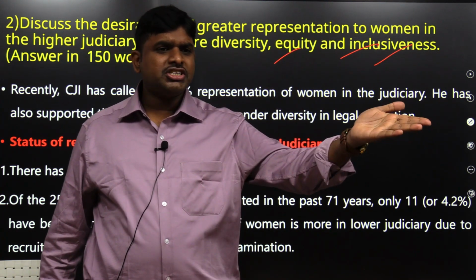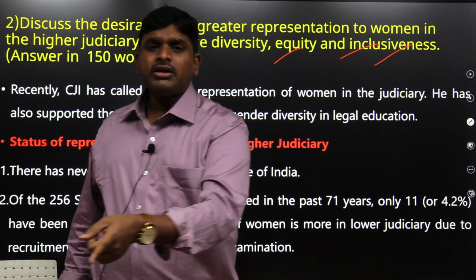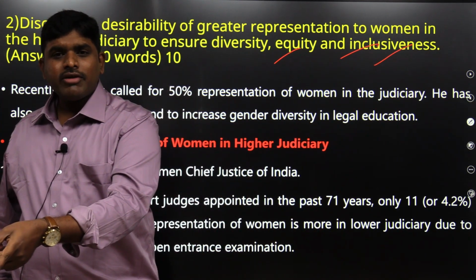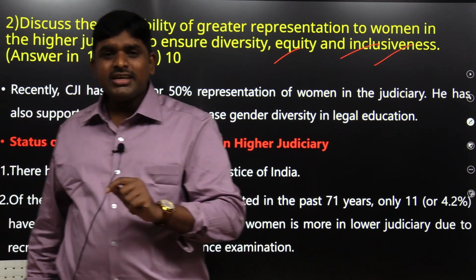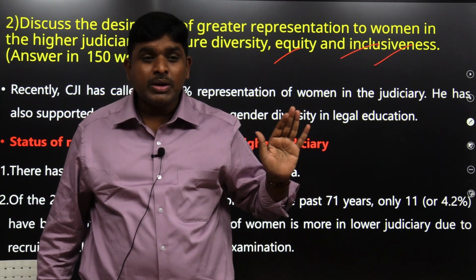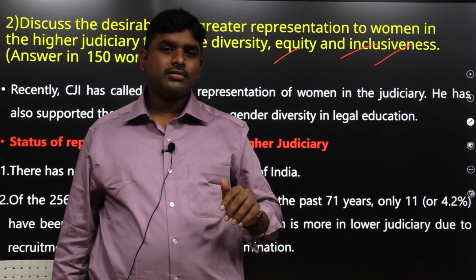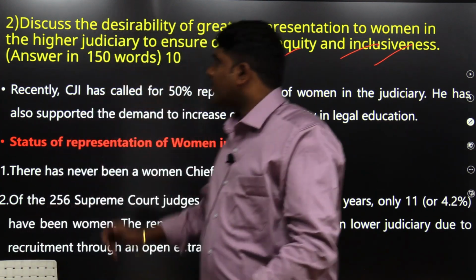Because she will be at a matured stage and she doesn't want to be in an open place. Hence, toilets are inevitable. But toilets are not there in government schools, mainly in secondary schools. So dropout rates are high. If that is the case, N.V. Ramana told that in district courts itself there is an absence of separate toilets for women. That is also one demotivating factor. This is one point you have to add.